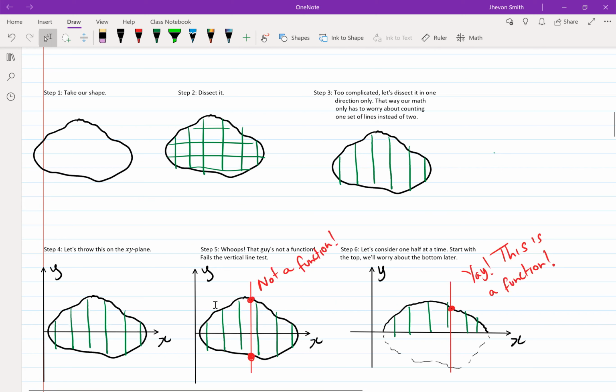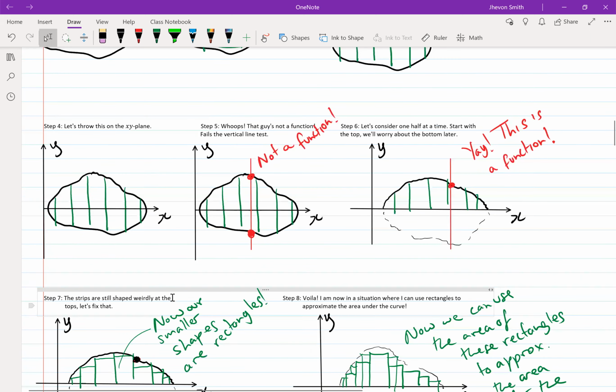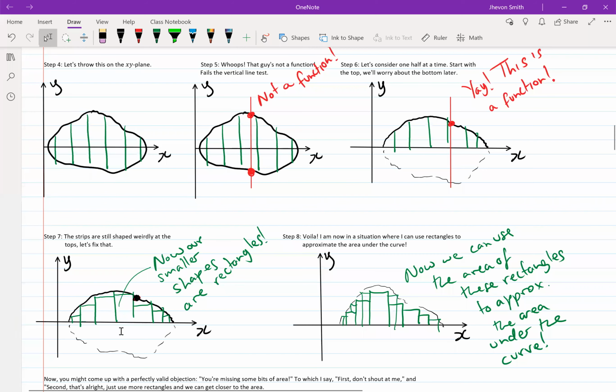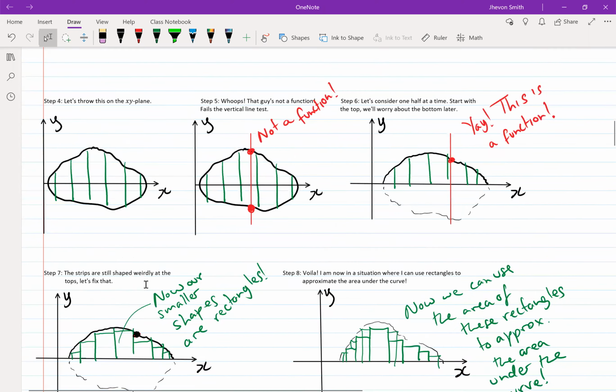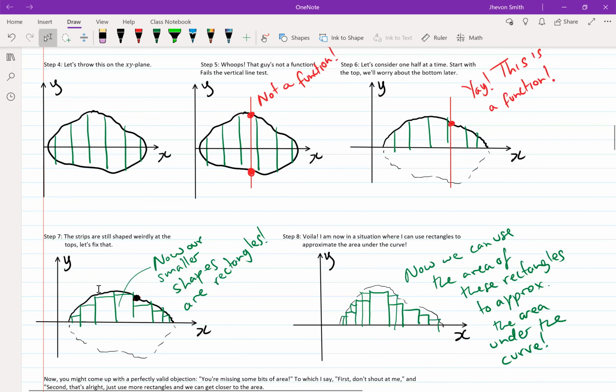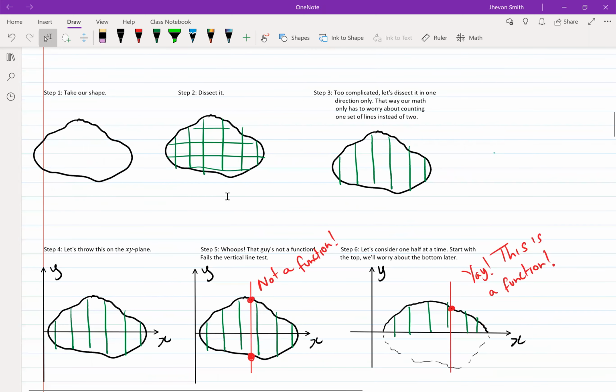Throwing it on the XY plane, we realize that to make it a function, we can find half the answer at a time. After that, we make the shapes look a little nicer: rectangles. Finding the area of this random shape is equivalent to finding the area under a curve, because once I know how to do that, I know how to solve this problem.